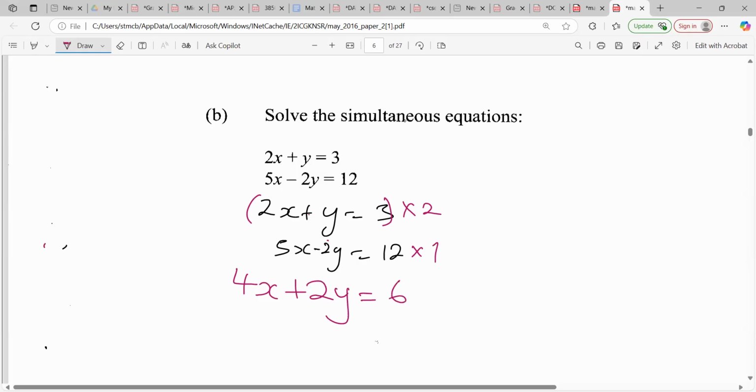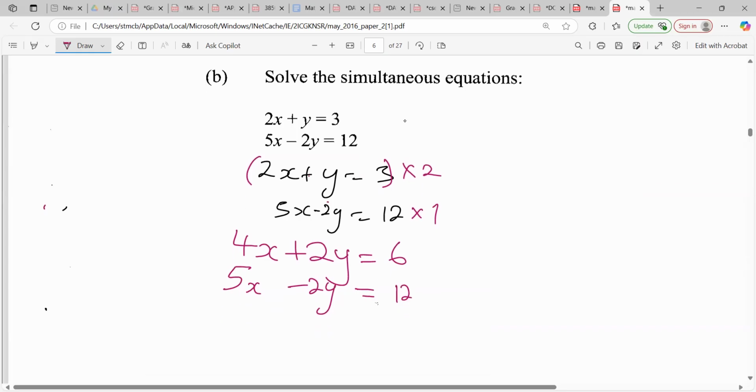So I'm finished with equation 1. Equation 2 now: 1 times anything is anything. So 1 times 5x, 1 times minus 2y. That is why we multiply by the coefficient. So now both of them have the same coefficient. One is addition, one is subtraction.